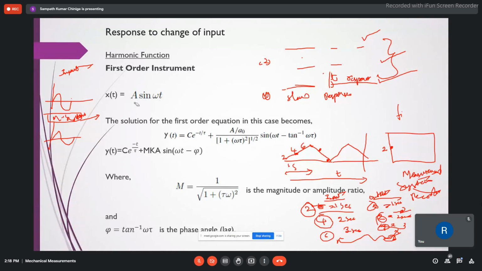Now what is A, what is omega? Here A is the amplitude, the distance between the crest and the top. Omega is your frequency, which we call the cyclic frequency. There are two things again: one is called the circular frequency and the other one is called the cyclic frequency.